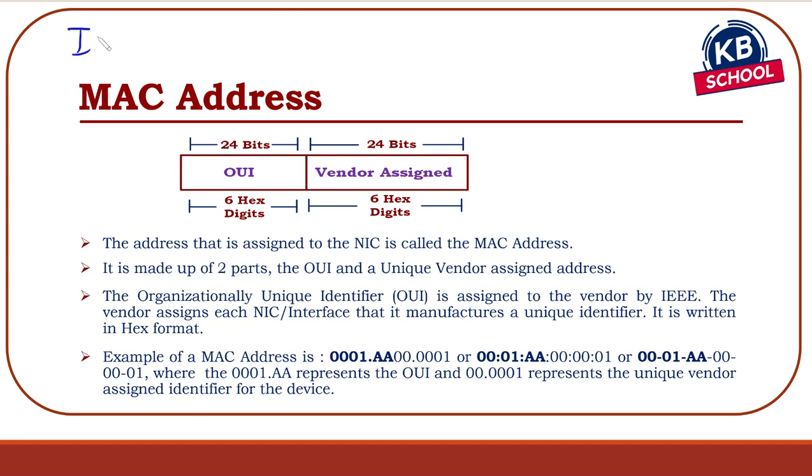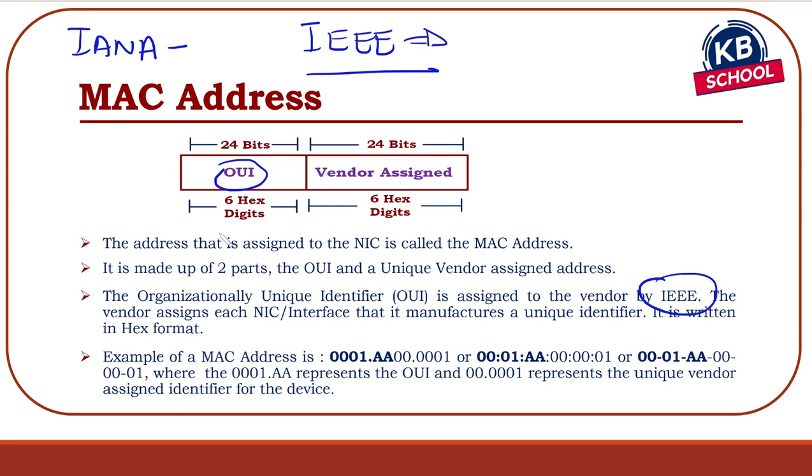Just like the IANA is responsible for IP addresses, the IEEE is responsible for assigning different vendors, maybe 3Com, maybe Intel, maybe Cisco, what is known as an organizationally unique identifier. Every organization is assigned a unique identifier for the company by the IEEE.